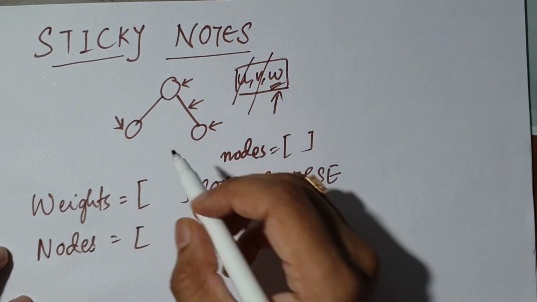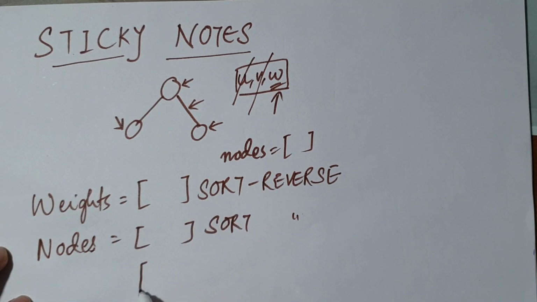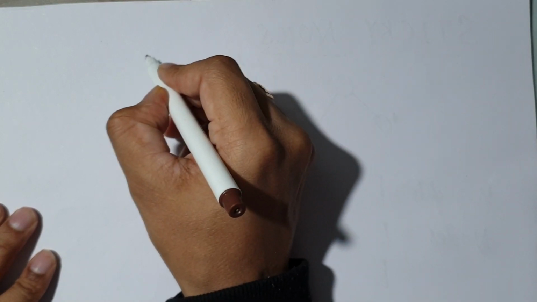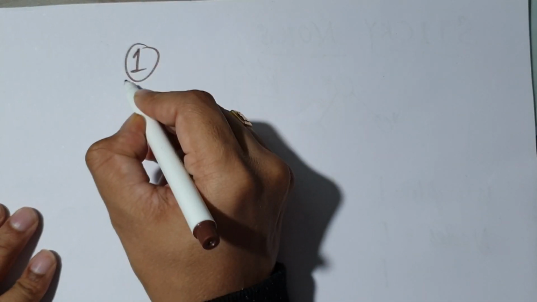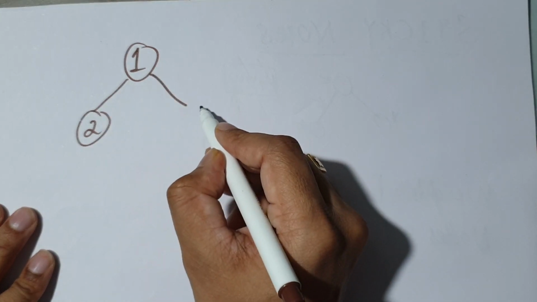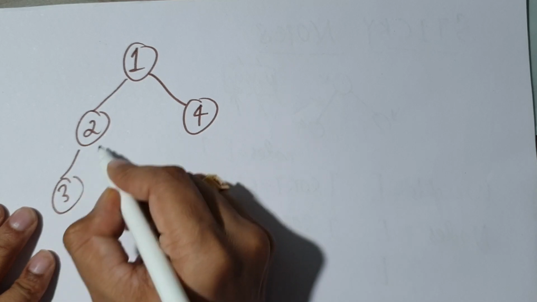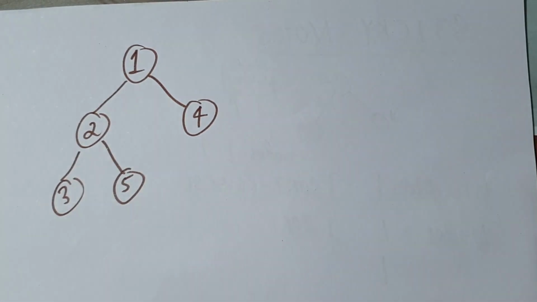Now, when we reverse sort both these lists, let me take a concrete example just to make sure that this happens. Suppose we have nodes 1, 2, and so on.